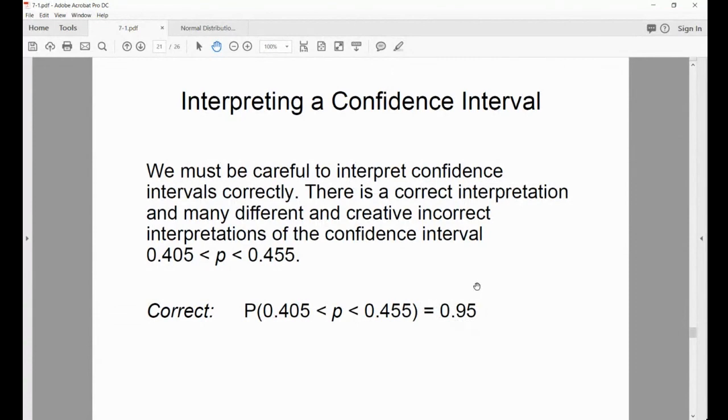You convert the confidence level into a probability by dividing by 100 and say that the probability that the proportion is between these two values is 0.95. This is a very high value for a probability. That's why we have 95% confidence that the parameter will be included in this interval.